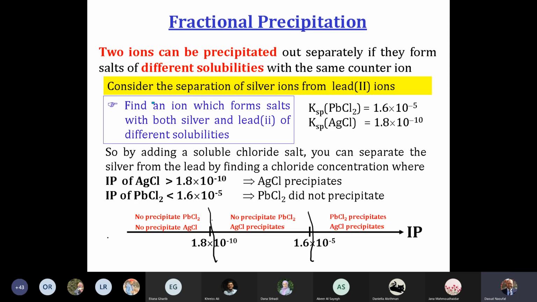If Cl- in the solution is less than 1.8 10 minus 10, you don't have a precipitation of PbCl2 nor a precipitation of AgCl.